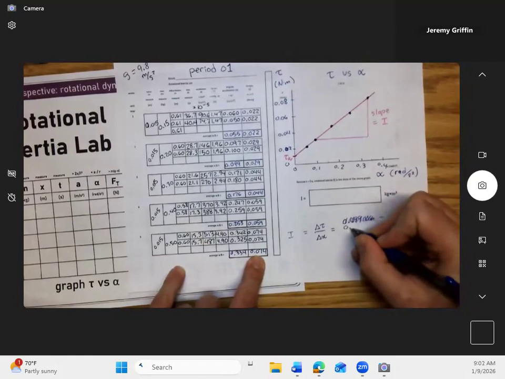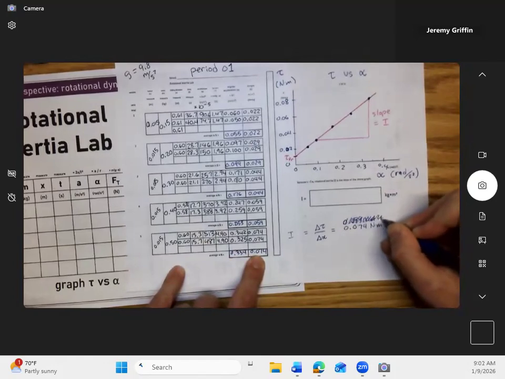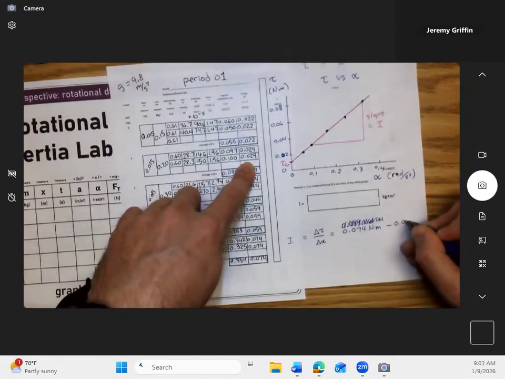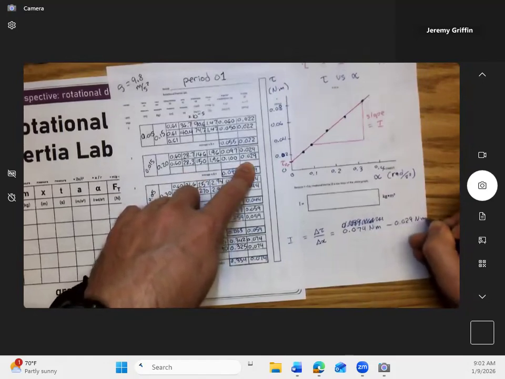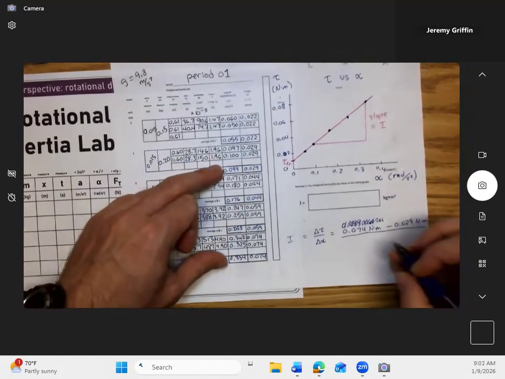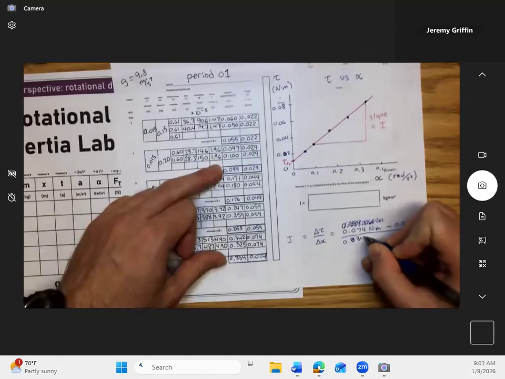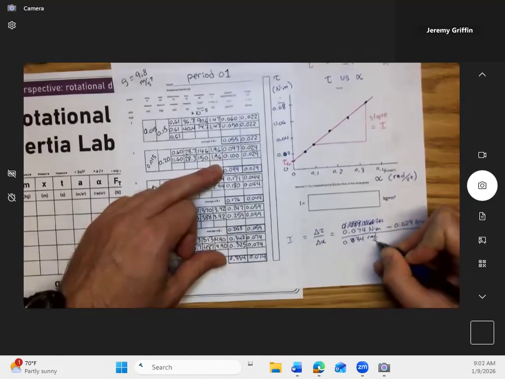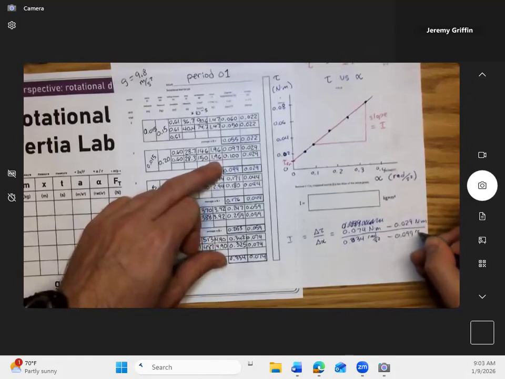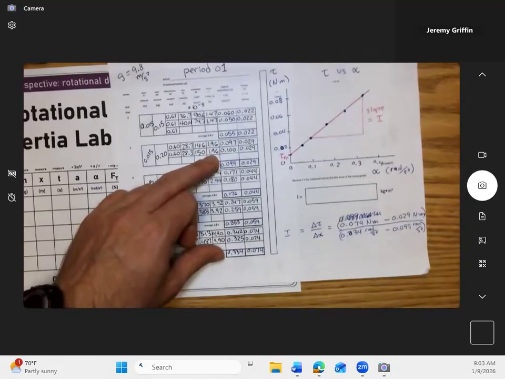Okay. 0.074 Newton meters minus, say I did this one, 0.029 Newton meters, divided by, right, I'm looking at points 2 and 5, then the alpha: 0.34 radians per second squared minus 0.099 radians per second squared. Okay, you guys see that? Like rise over run.